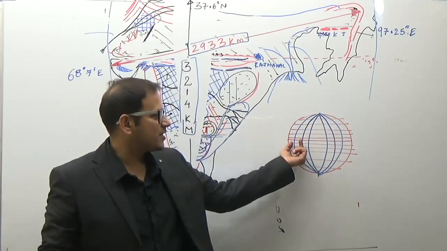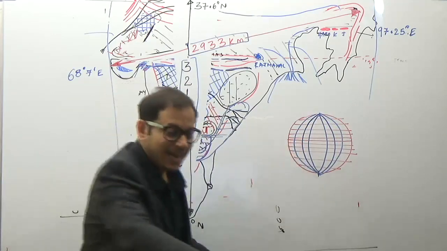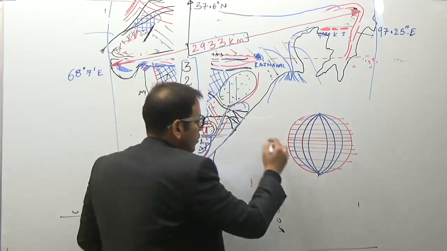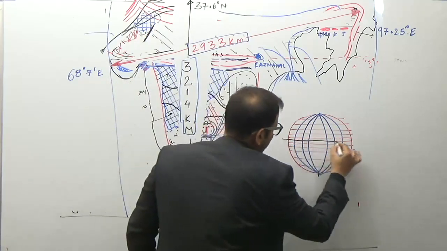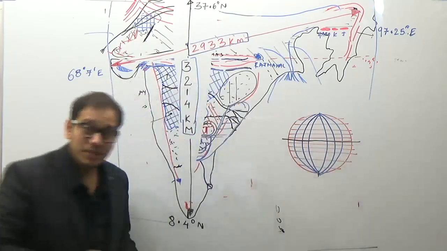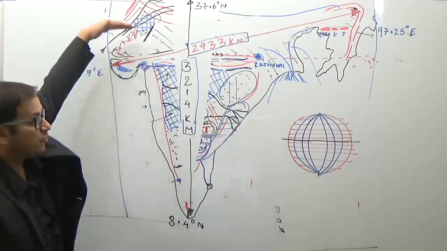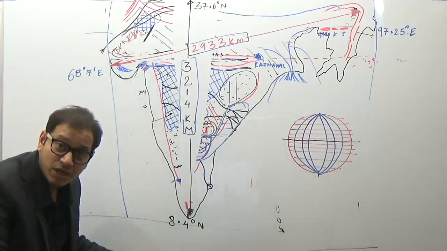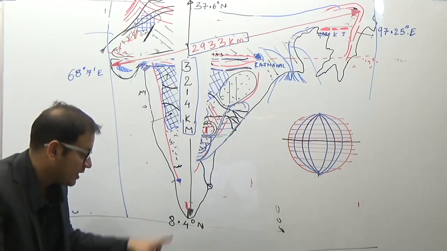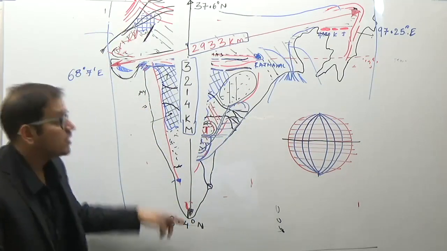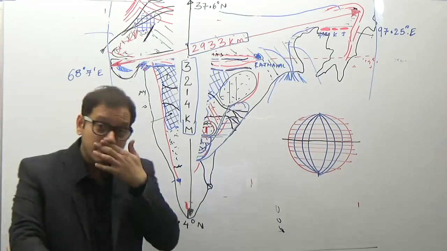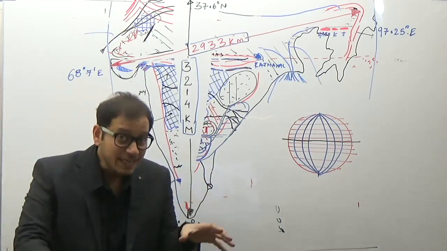The largest distance between longitudes is at the equator, while the distance keeps on decreasing as we move away from the equator. And you apply this here. The equator is at 0 degrees, and India is near 8 degrees, which is much to the south of India.